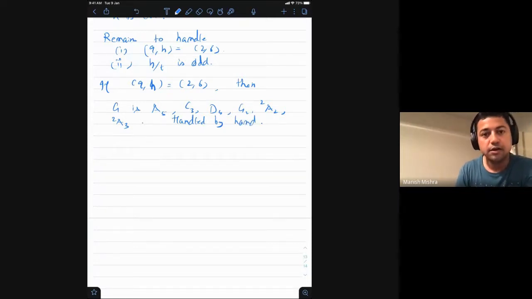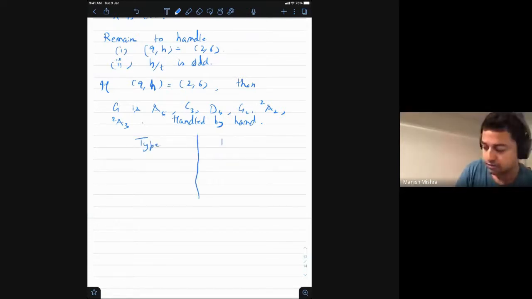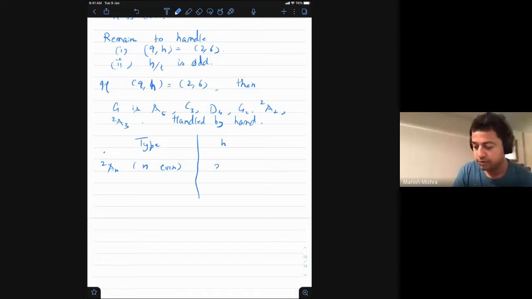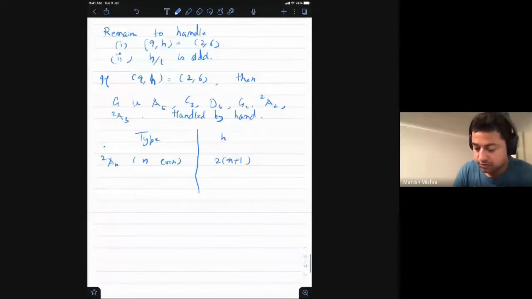And now I'll write down the table for Coxeter numbers for the twisted types. This is the Coxeter number. If you have 2An with n even, then the Coxeter number is 2n plus 1. With n odd, then the Coxeter number is 2n.